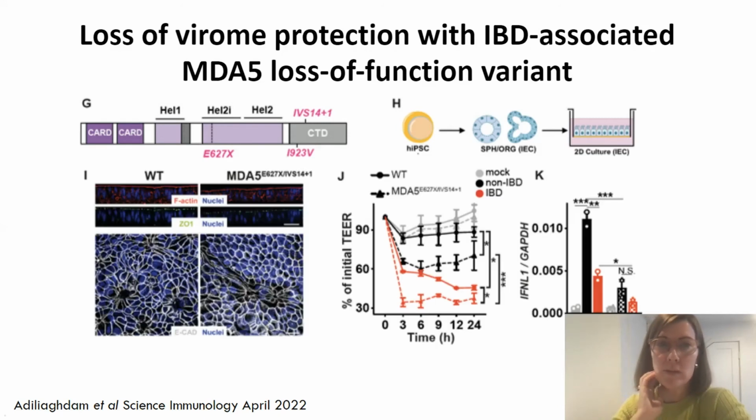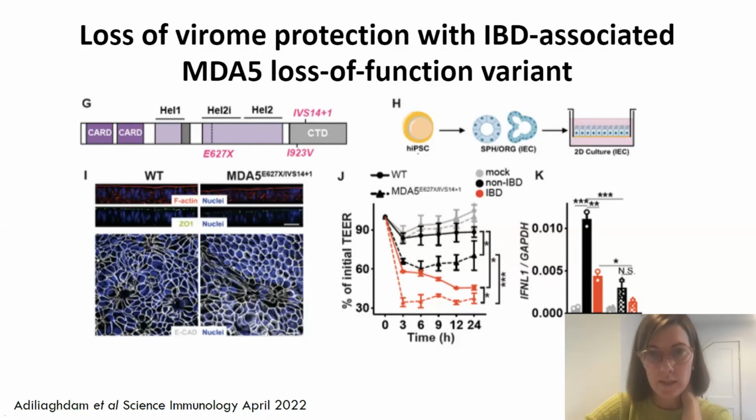What we saw was an ulcerative colitis patient who was a compound heterozygote for both of these mutations, a loss of function of MDA5. Under normal circumstances, that intestinal epithelium looked fairly normal.